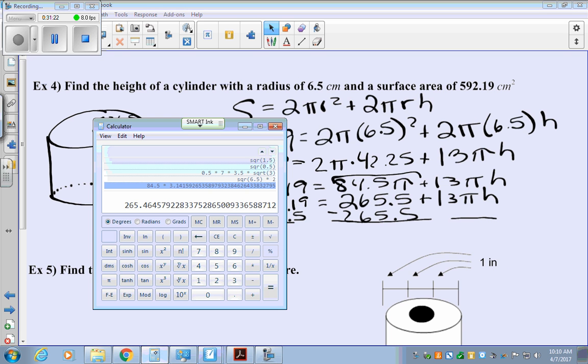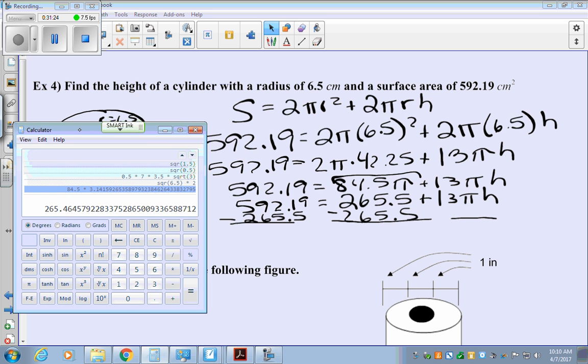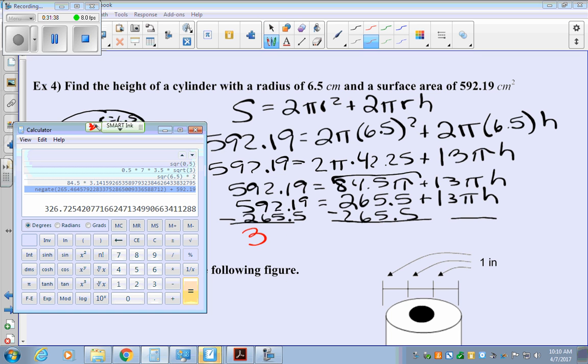And negative plus 592.19. That's 326.7 equals 13 pi h. In order to get h by itself, I'm just going to divide both sides by 13 pi.